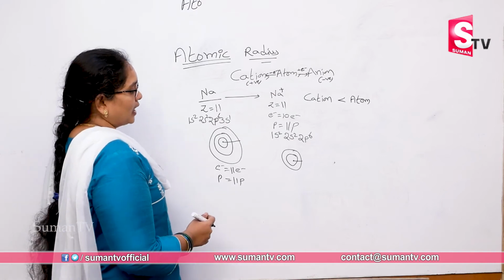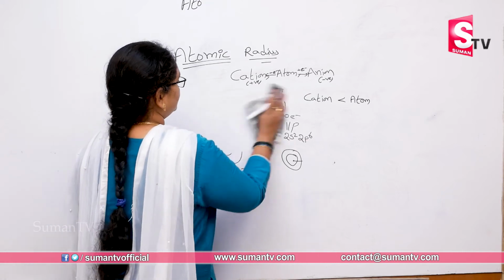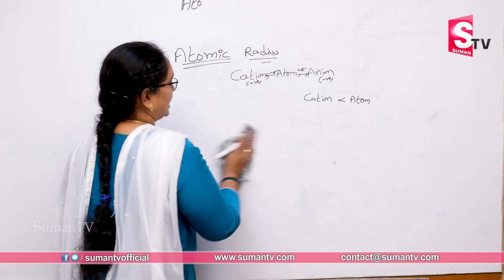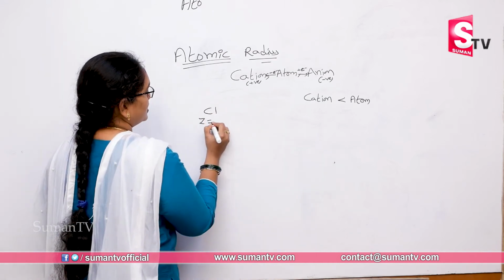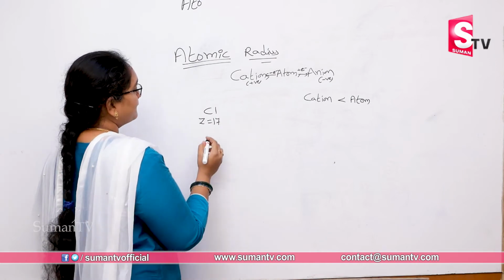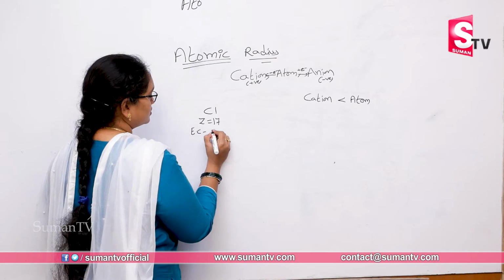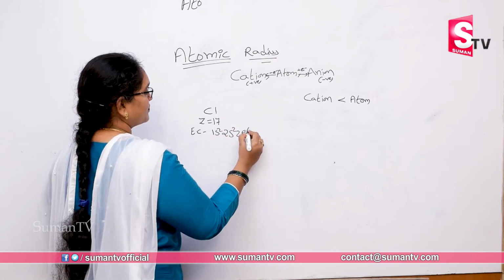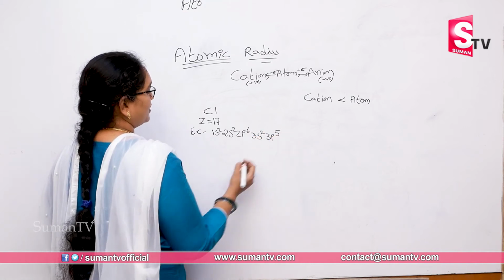Then when we come to the anion, the example we will discuss is chlorine. We know its atomic number is 17 and its electronic configuration is 1s2, 2s2, 2p6, 3s2, 3p5.